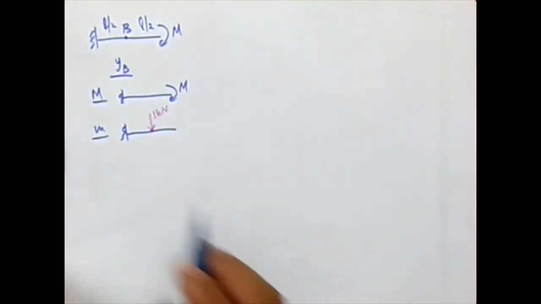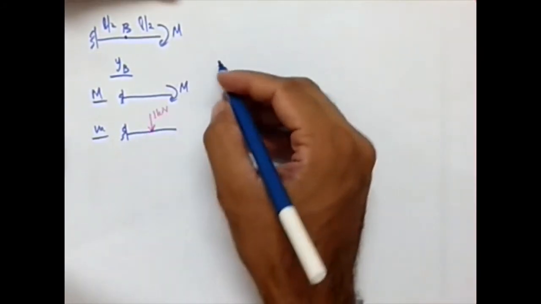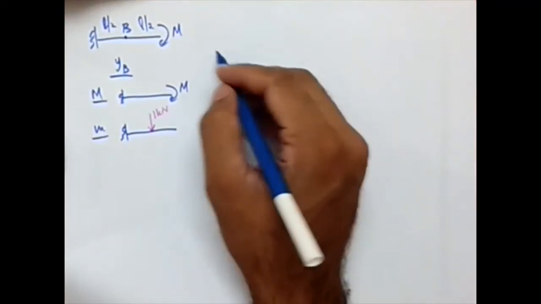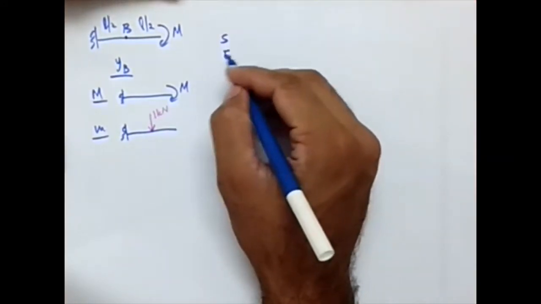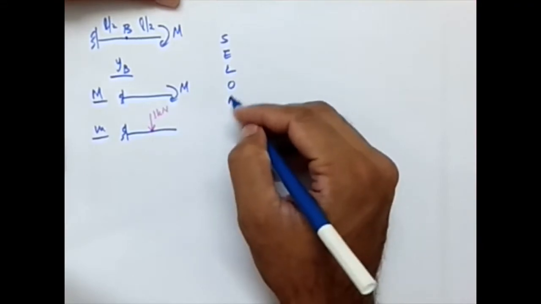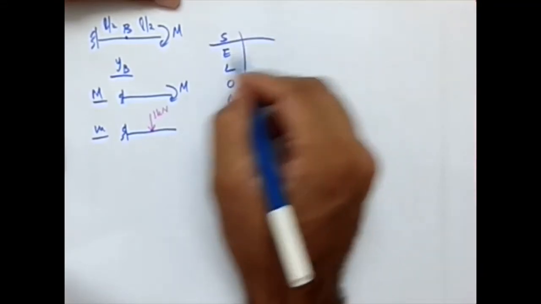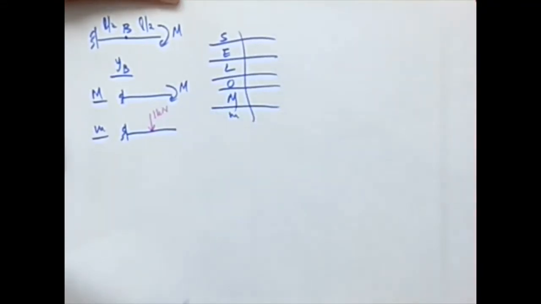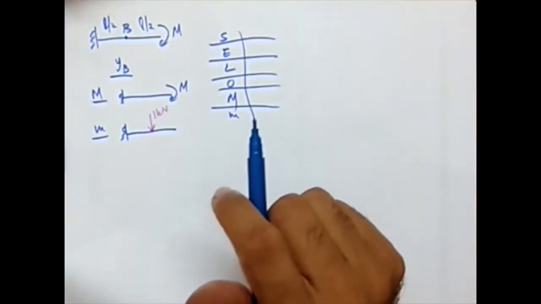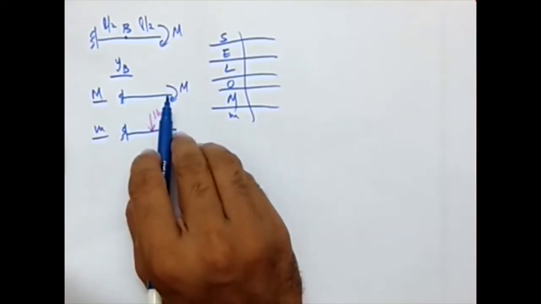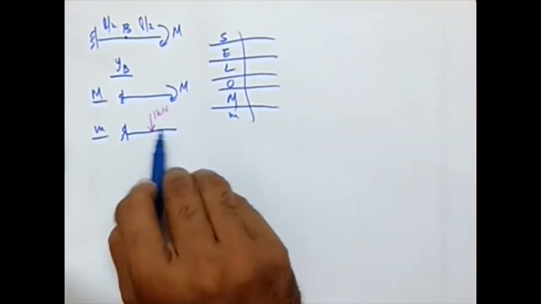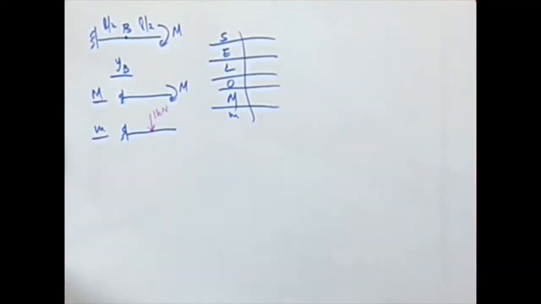So I got this. Now I can think about the table, the preparation of table. So it's going to be like S, E, L, O, M and m. Now I need to see, there is a small difference here. When I try to put segments, here there is only one segment required. But here we require two segments, right?